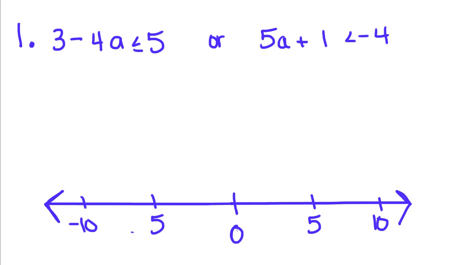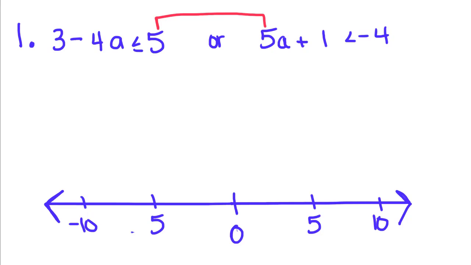So this is our first compound inequality. What you need to understand is that these two things, when they're joined by this "or," make one problem. So we're going to solve each inequality separately, and then when we graph them, we're going to graph them together.